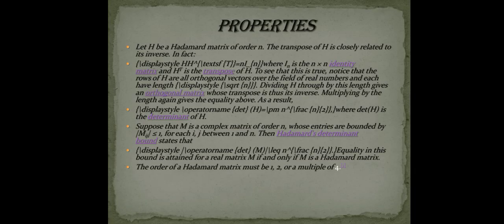Next, properties. Let H be a Hadamard matrix of order n. The transpose of H is closely related to its inverse. In fact, H times H transpose equals n times I n, where I n is the n by n identity matrix and H transpose is the transpose of H. To see that this is true, notice that the rows of H are all orthogonal vectors over the field of real numbers and each have length square root of n.